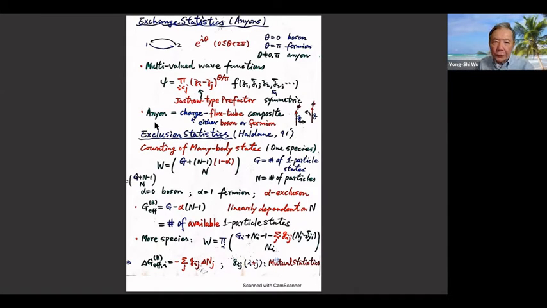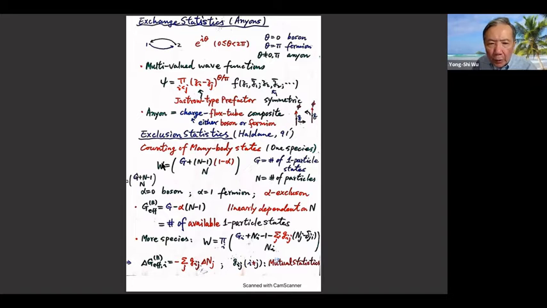In quantum mechanics, especially in quantum statistical mechanics, we will have the so-called exclusion statistics. Exclusion statistics is just to consider the so-called statistical weight W for the many-body system.